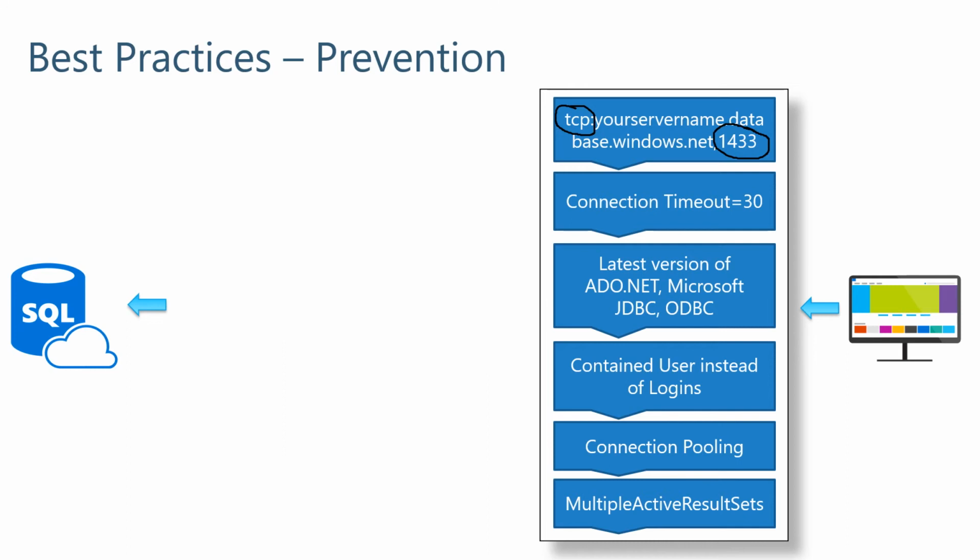When you open a connection with multiple active result sets enabled, SQL creates some internal connections within the same connection, or socket, to run two or three queries at the same time.